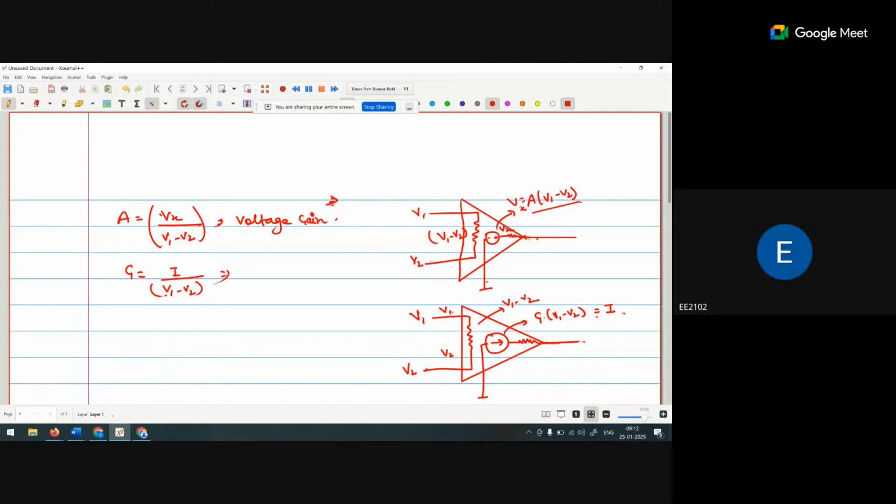V upon I is impedance, and I upon V is conductance. So basically this G is called the conductance, or this type of configuration is called the transconductance configuration.